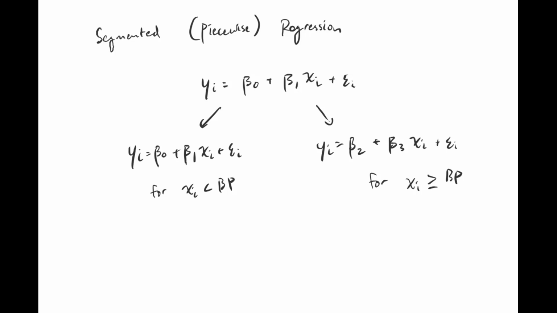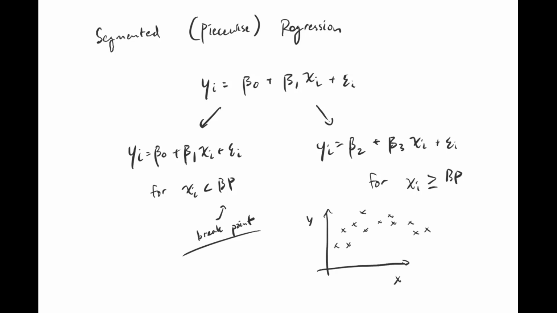Alan, could you please explain again what you mean by xi less than beta? Yeah. Sorry. Okay, this is a breakpoint. So BP stands for breakpoint. So basically, let's say X and Y, we have some set of data points that look like this, and then we have some set of data points that look like this.